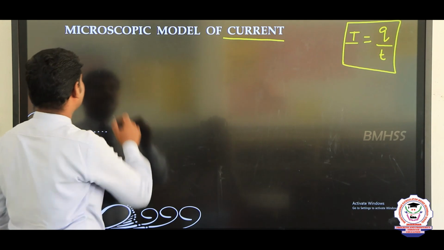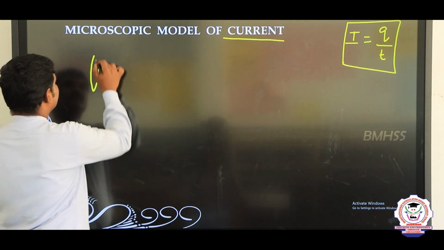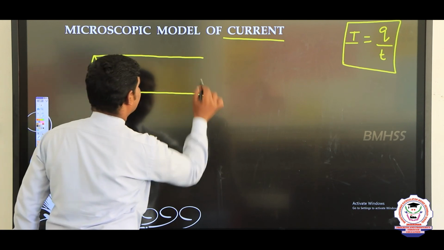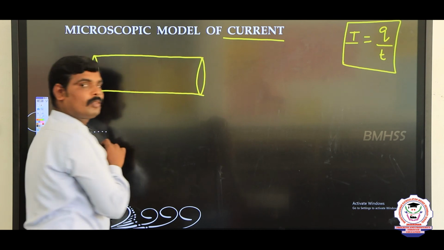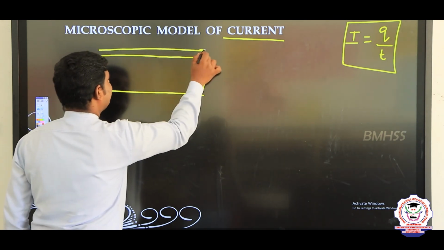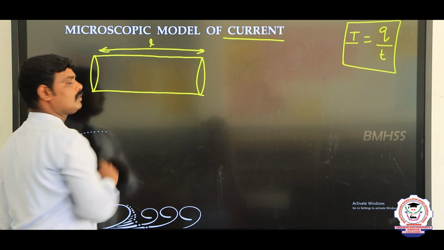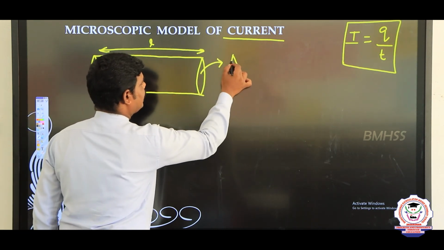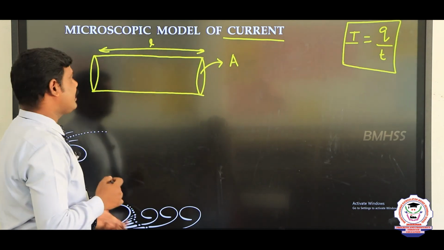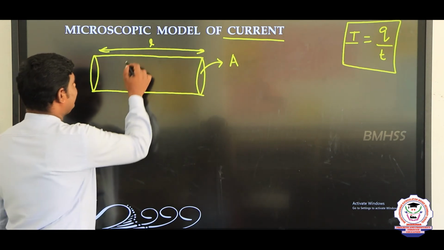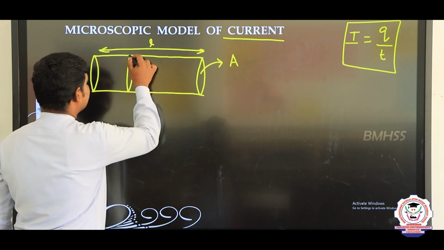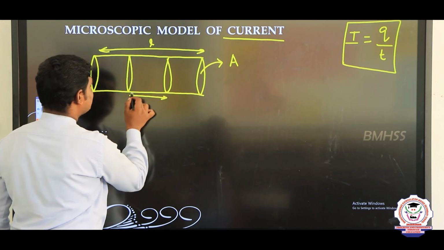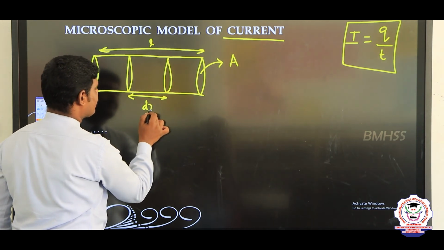Let us consider one conductor. The total length I take as L, and the area of cross section I take as capital A. Now let us consider a small length dx between these two points.